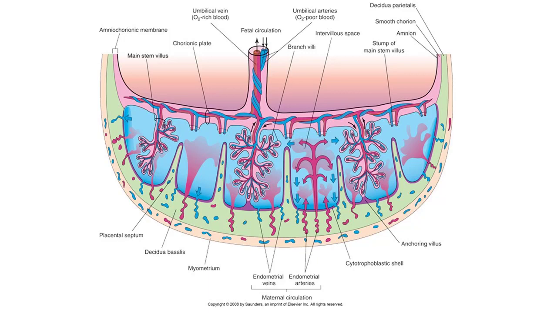This is the functionalis. Here's the basalis layer in this lighter tan color. The pink, as well as these projections down, these are spaces. These are going to be your chorionic villi. And you can see you've got all these blood vessels coming down here in the villi.